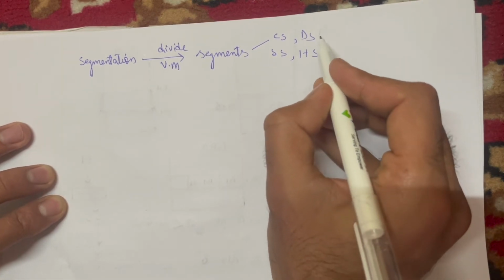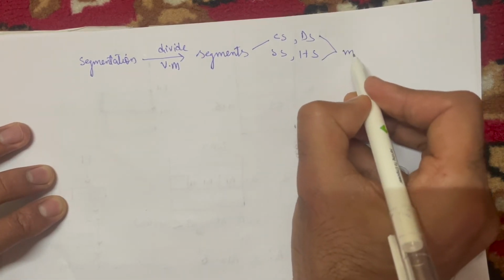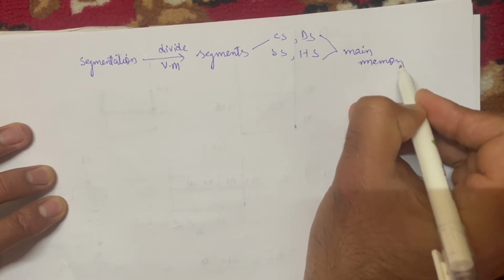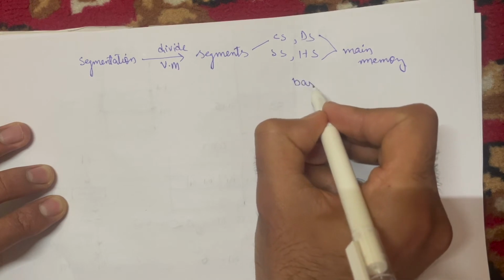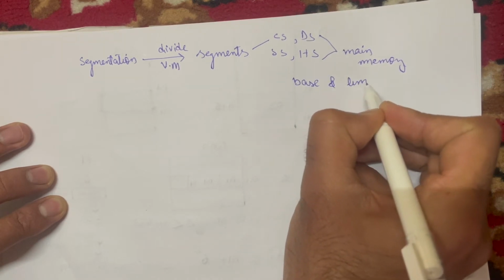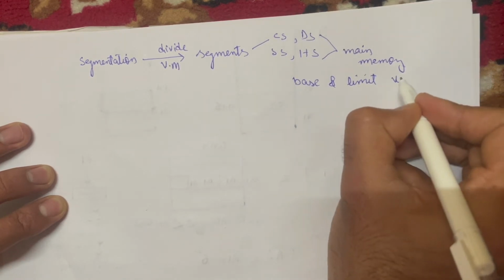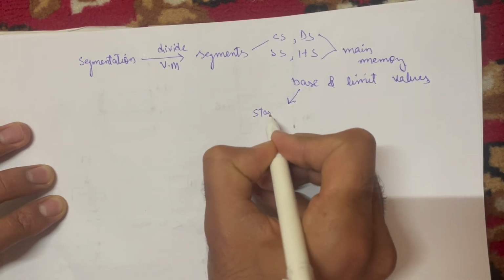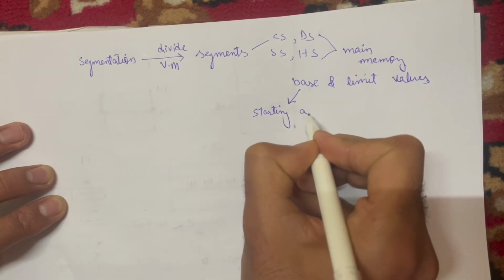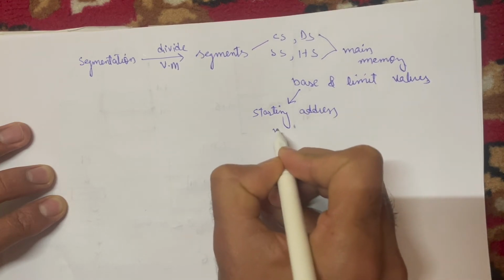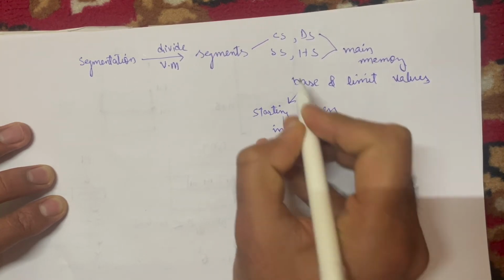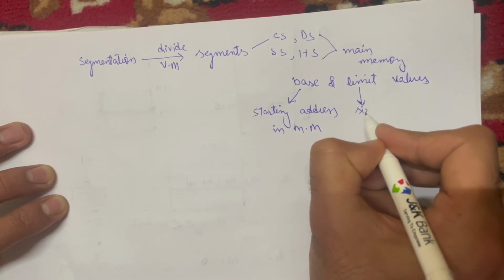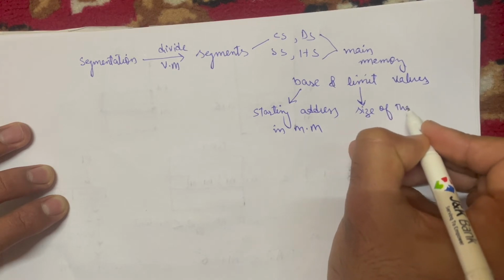Some of these segments are mapped into the main memory. And for every segment, we will have base and limit values. Base determines the starting address in main memory where this particular segment is stored, and limit gives us the size of that segment.